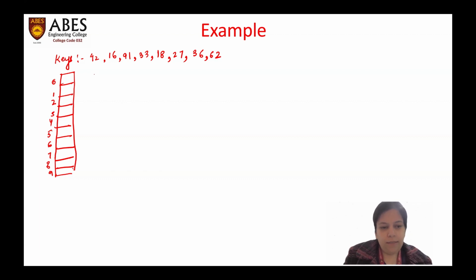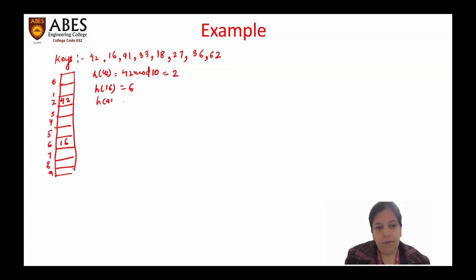Now let us first map 42. We divide 42 by 10 and find the remainder, which is 2. So 42 will be mapped at index 2. Similarly, for 16 we get 6, so 16 is mapped at the 6th index. For 91 we get index 1.